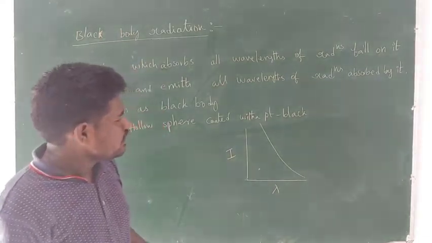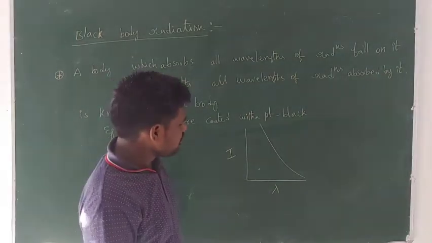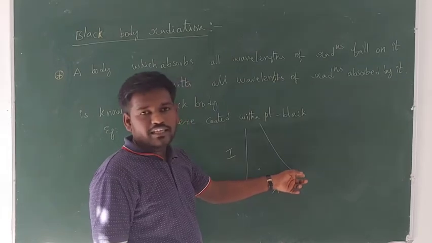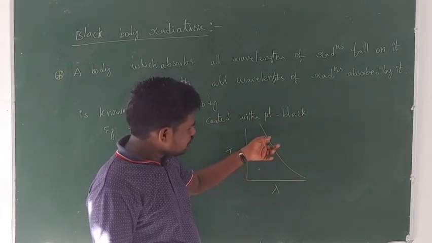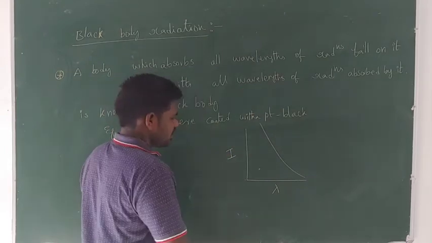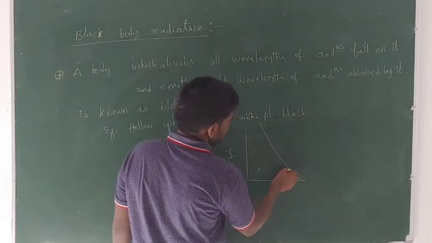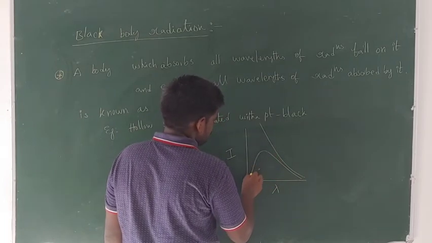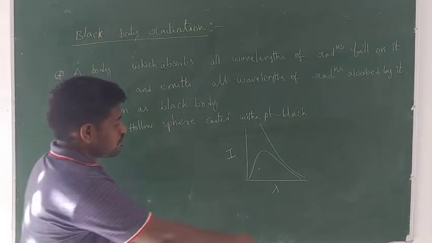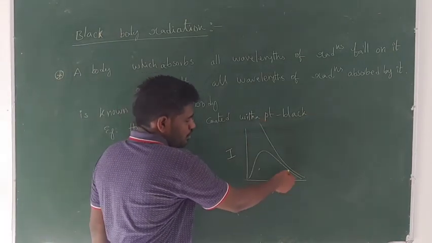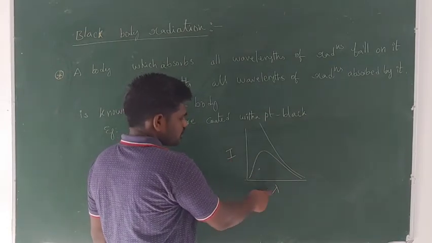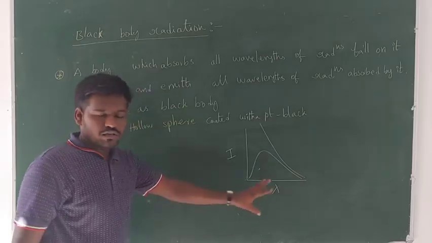If emission or absorption really takes place continuously, then as the body absorbs radiation, its intensity should increase like this. But he got a curve like this when he plotted the intensity of light versus the radiation wavelength.